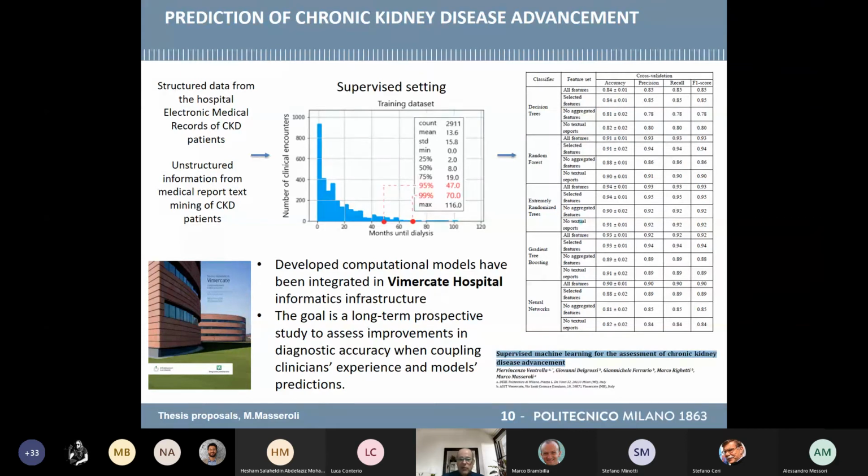Everything will be done in collaboration with the Buzzi Hospital, but since the data are already available, and since the previous student who worked on the development of those models is anyway available for information for any of you who are interested in this thesis, for the starting steps the work can be done also remotely without going to the Buzzi Hospital.